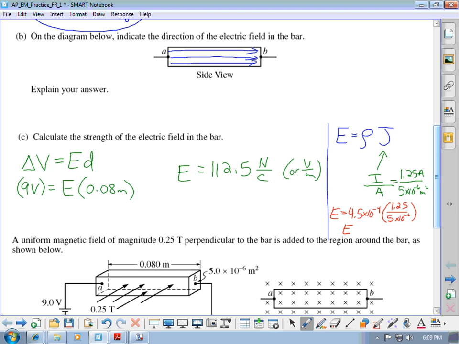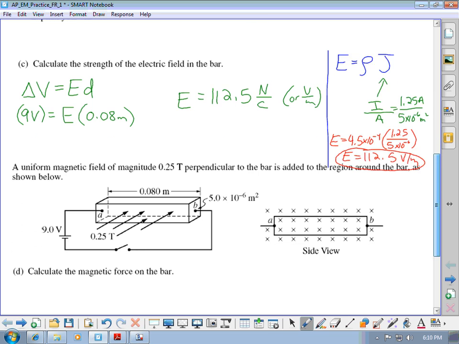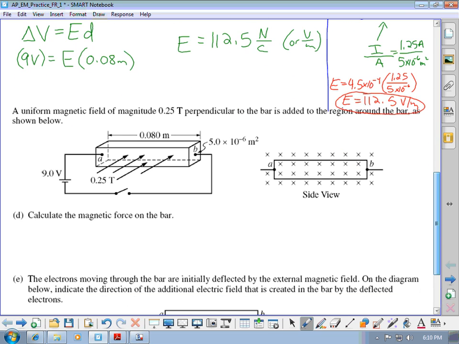And if you do that, again, you should get the same answer of 112.5. And you do. Either one is an acceptable way of doing this.